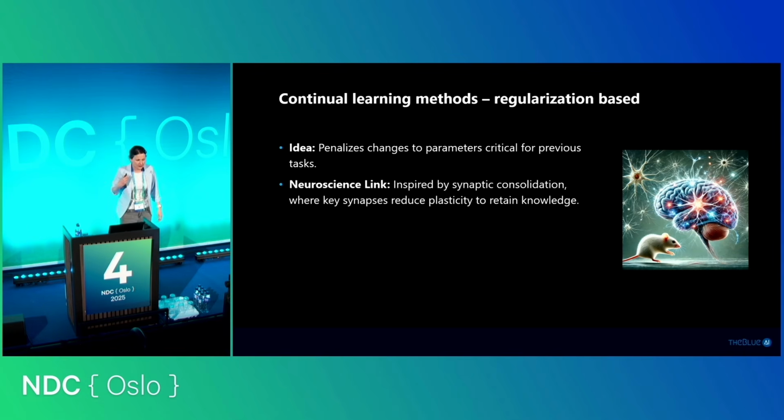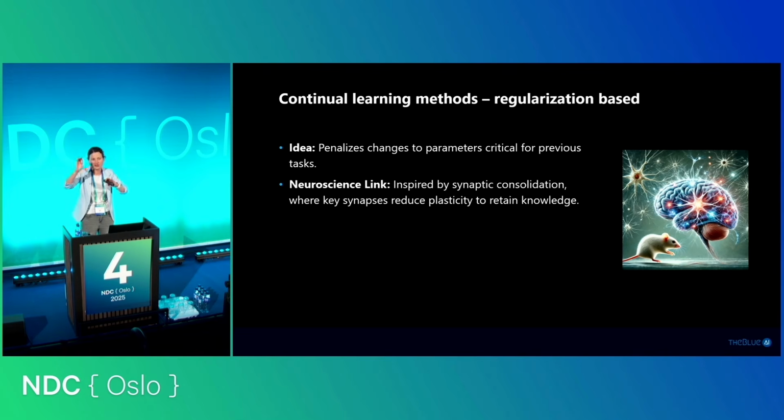And there is a very interesting idea from biology behind that. It turns out that when scientists were making experiments on mice, they saw that when mice were learning new things, the synapses, so the connections between the neurons in their brain, were getting stronger. So they were getting less plastic.